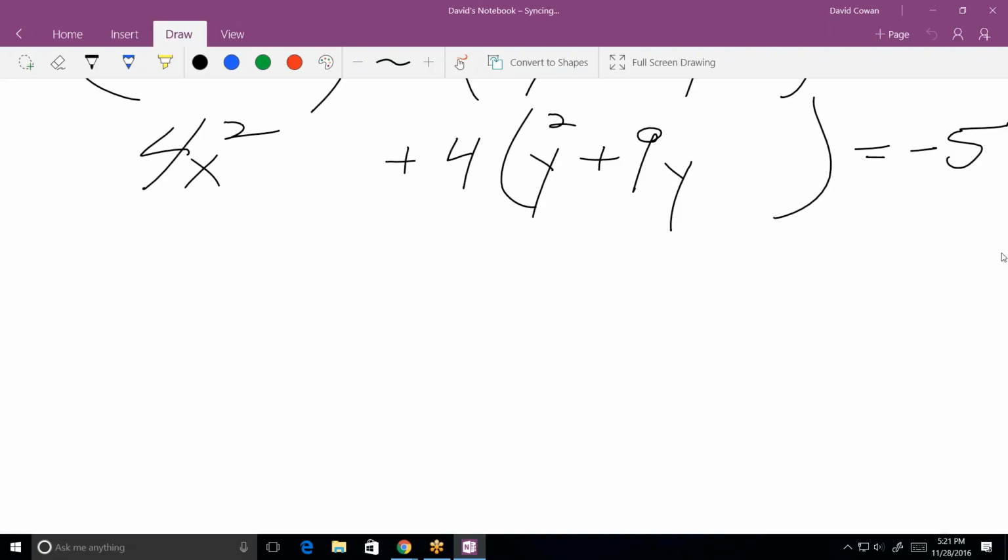Half of 9 halves squared would be 81 fourths. And it's much better to leave it in fractions than decimals. Now, when I wrote 81 fourths in there, how much did I add to the left side of the equation?